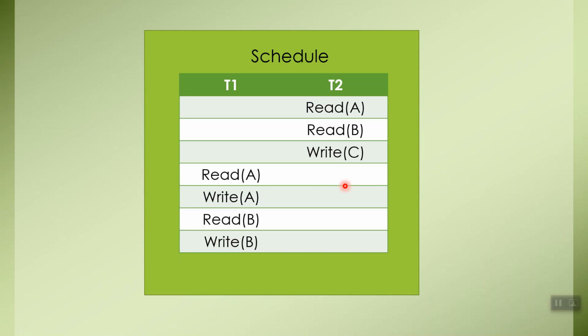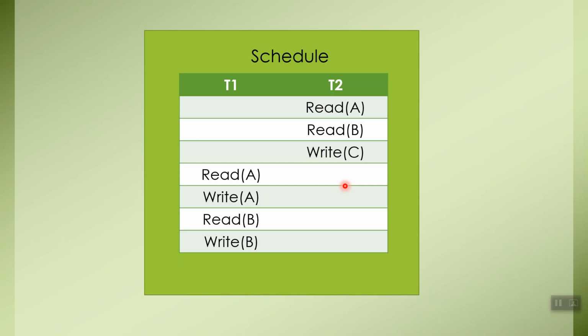So if there are 2 transactions, T1 and T2, one to calculate the interest and the other to deposit an amount, then if we calculate the interest first, that interest will be different from the interest calculated after depositing the amount. So if the sequence of the transactions changes, then we might get a different result.